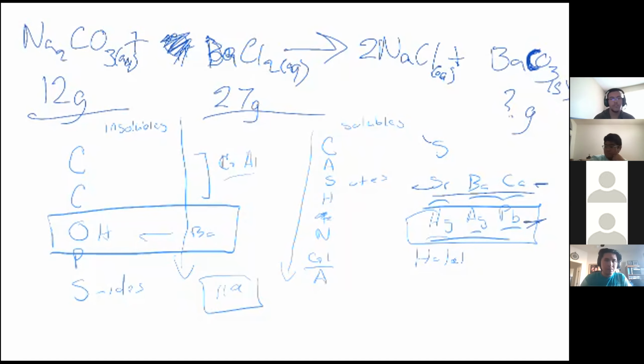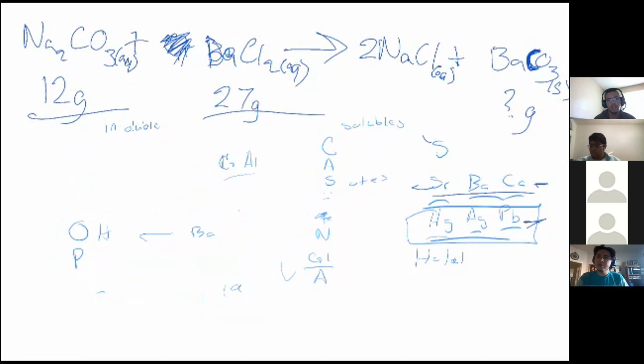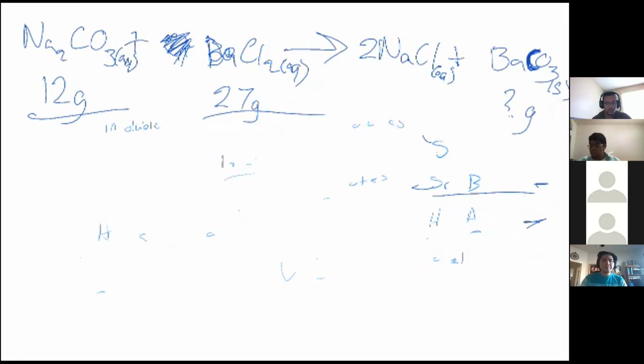Okay, well, we have givens. We know we have 12 grams of sodium carbonate, and we know we have 27 grams of barium chloride. In order to go from grams of one compound to grams of a different compound, we need an intermediary. Do you guys happen to know what that is? Moles. Beautiful.